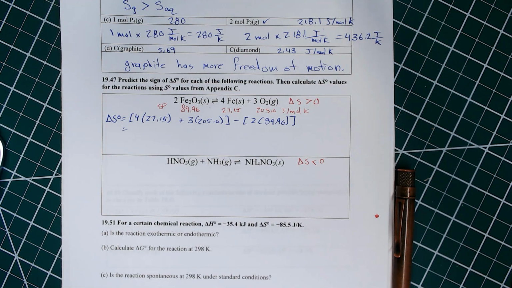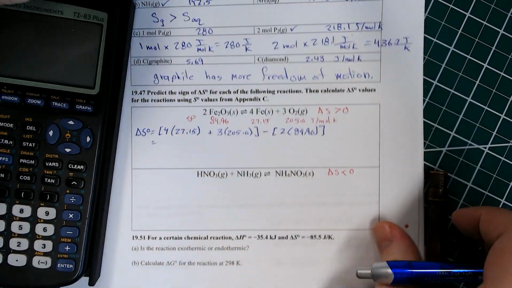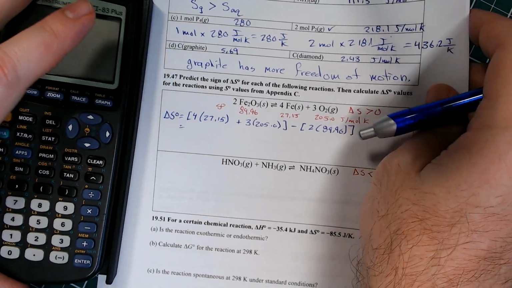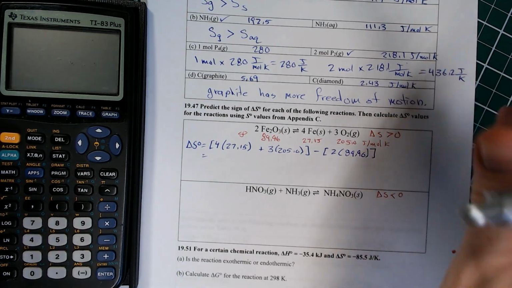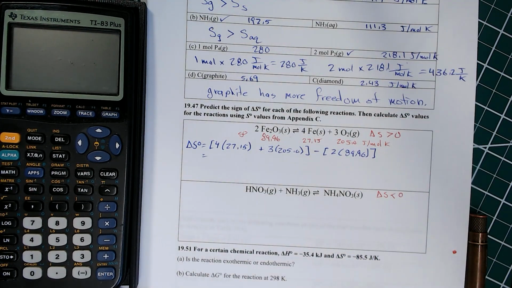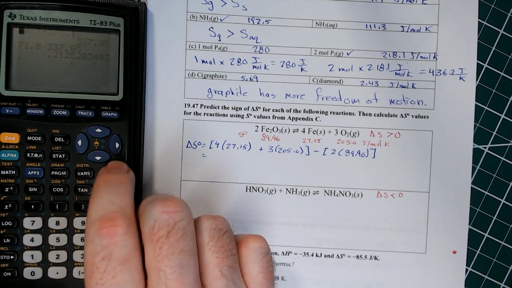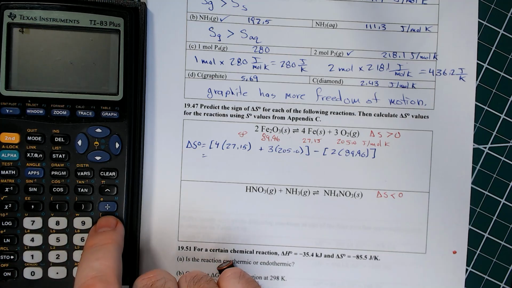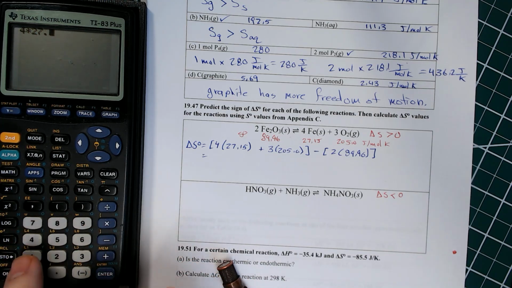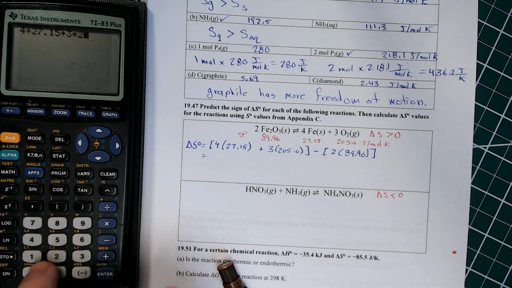I do like to do the calculations on the camera so you guys can see exactly what I calculate. Also, you can see if I make a mistake, because occasionally I make mistakes. All right, so we'll do 4 times 27.15 plus 3 times 205.